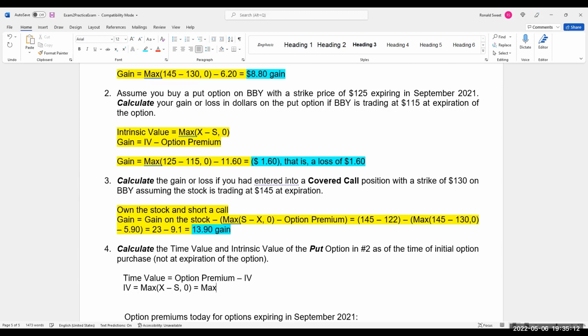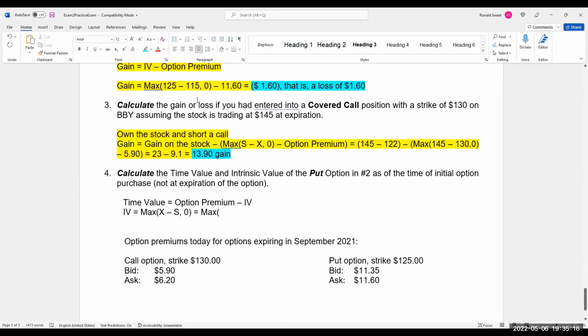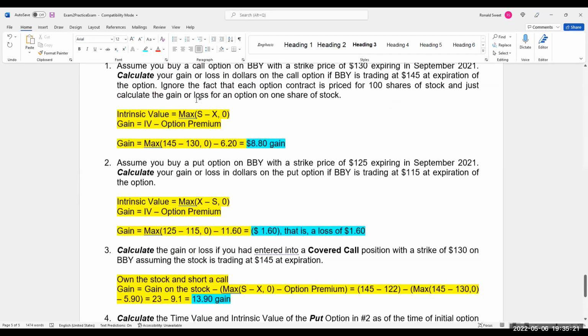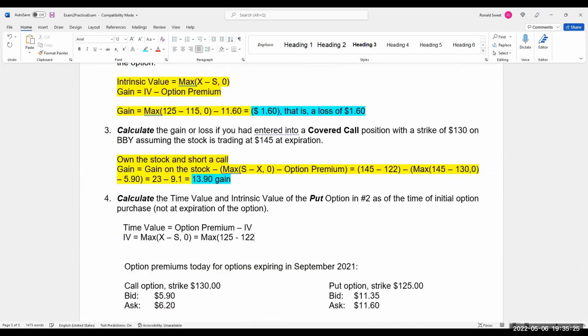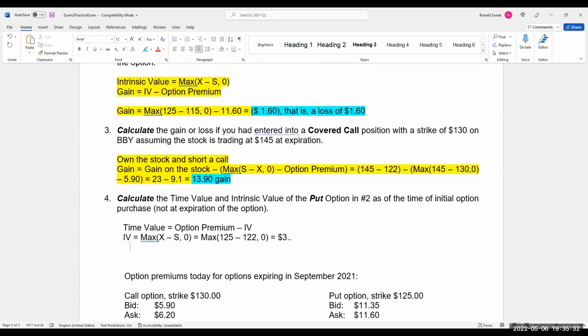So in this case, we got max. Our strike is 125 minus the stock, which started at 122, comma 0. So that means our intrinsic value is 3. So the time value is going to equal 11.60, which is the option price, minus 3.